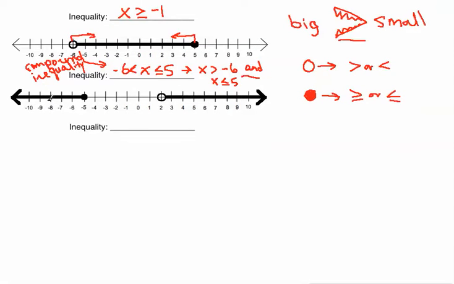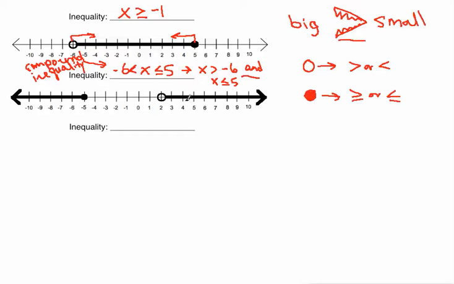And then we've got this case down here where there's a gap in the middle, and x can be one of these two things. Think about it: x is going to be a number, so x can't be both less than or equal to -5 and bigger than 2.